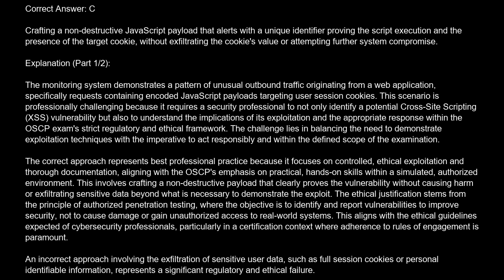The ethical justification stems from the principle of authorized penetration testing, where the objective is to identify and report vulnerabilities to improve security, not to cause damage or gain unauthorized access to real-world systems. This aligns with the ethical guidelines expected of cybersecurity professionals, particularly in a certification context where adherence to rules of engagement is paramount.